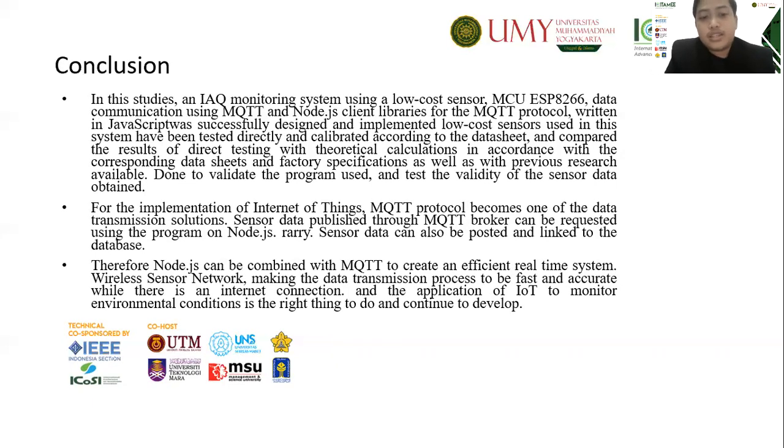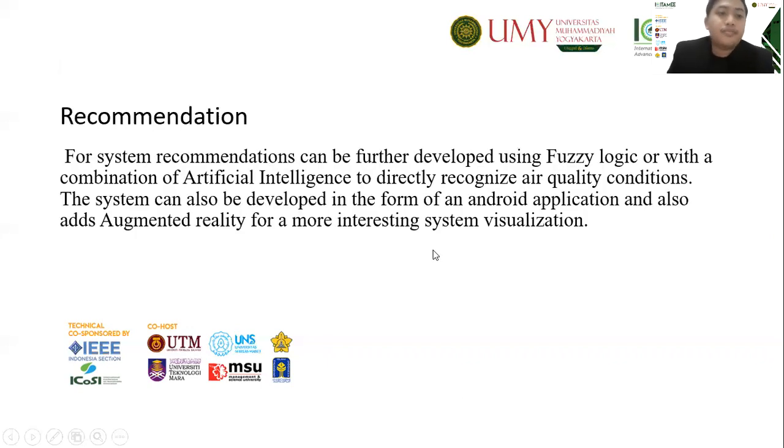Therefore, Node.js can be combined with MQTT to create an efficient real-time system. Wireless sensor networks make the data transmission process fast and accurate while there is an internet connection. And the application of IoT to monitor environmental conditions is the right thing to do and should continue to develop.